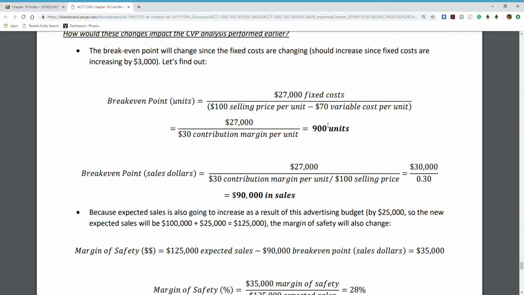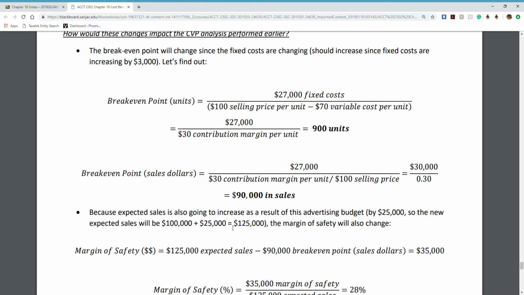So 27,000 divided by our contribution margin per unit, which is back to $30, says that we need to produce an extra 100 units to make up this additional fixed cost, which also means we need to make at least 90,000 in sales if we look at sales dollars.